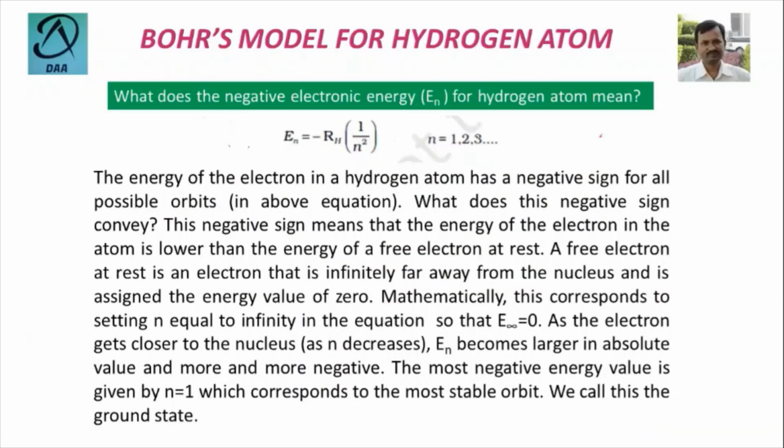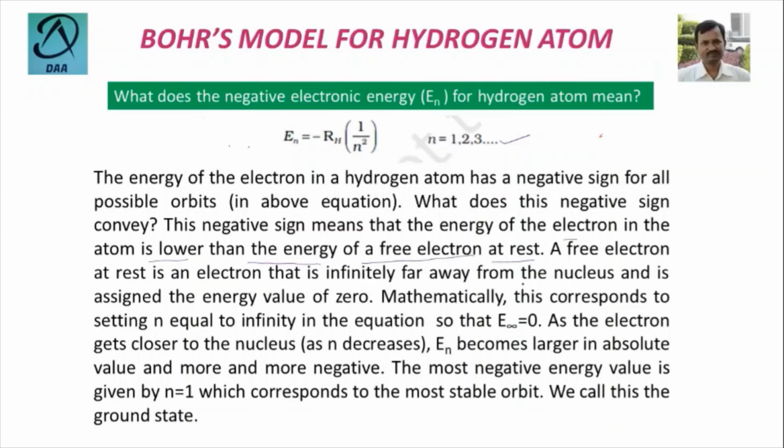So the same equation you can see here, and here you see what the negative electronic energy for the hydrogen atom means. It is written there clearly. It has been taken from the NCERT books, and here the point we have to discuss is that the negative sign means the energy of the electron in the atom is lower than the energy of a free electron at rest.